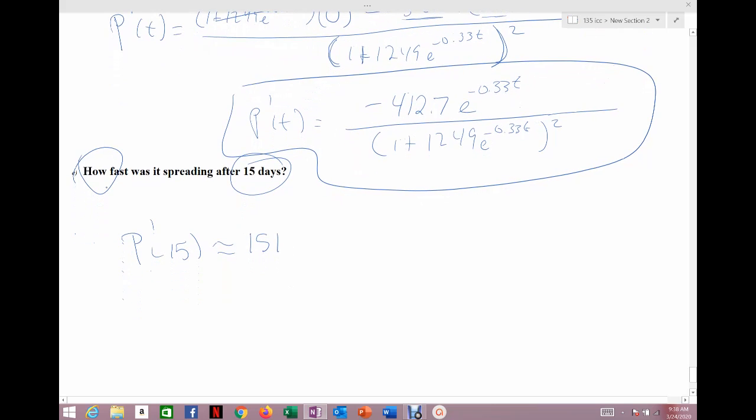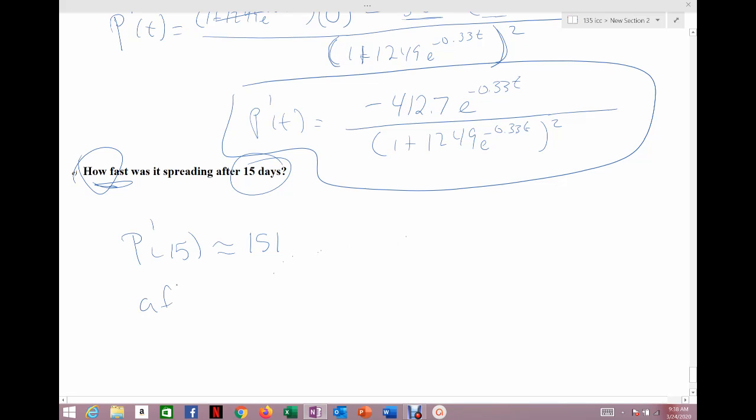Put it in context. All right, the speed would be a change in my function over the change in time, right? Like speed, the easiest thing to think about is miles per hour. So this would be soldiers who get the flu per day, right?